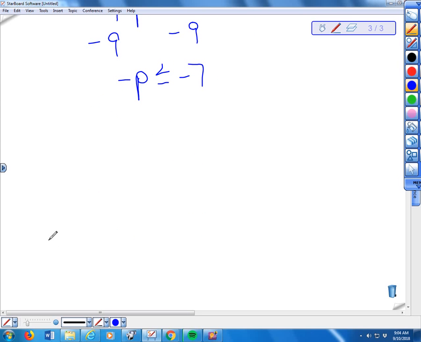By what? So what do I do here? P is, good, to what? Right. Remember to flip your sign when you divide by a negative. Flip your sign. And a negative divided by a negative is a positive.